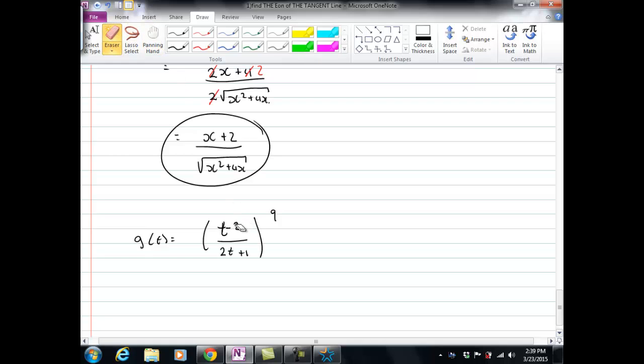Oh, sorry, no, that's t minus 2. So the question is, what is g prime of t? In this question, it's impossible to multiply out 9 brackets, so we're going to find the derivative using the chain rule.